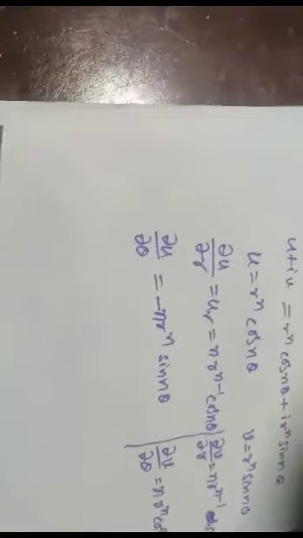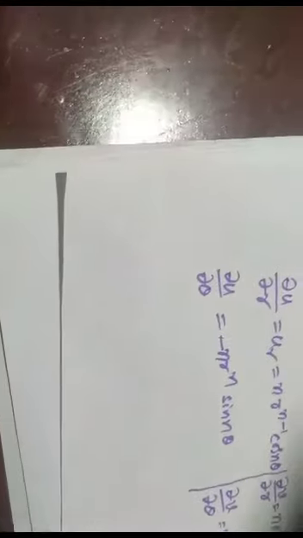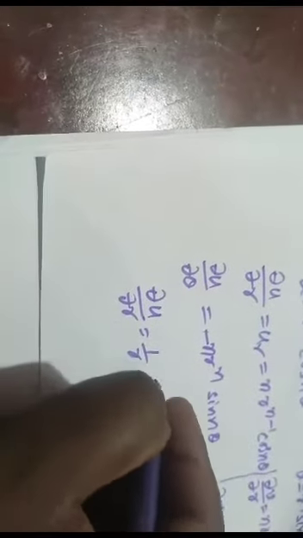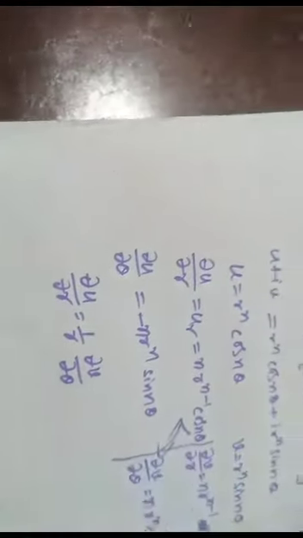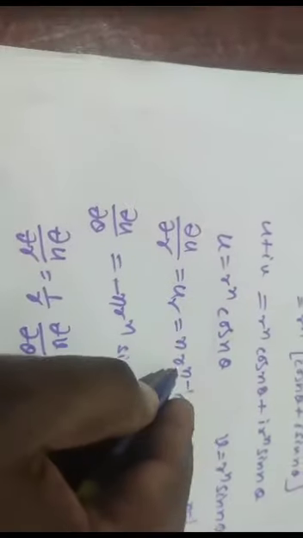Next we have to check whether the CR equations are satisfied or not. In polar, the Cauchy-Riemann equations are ∂u/∂r = (1/r) ∂v/∂θ. Here ∂u/∂r = n r^(n-1) cos nθ.